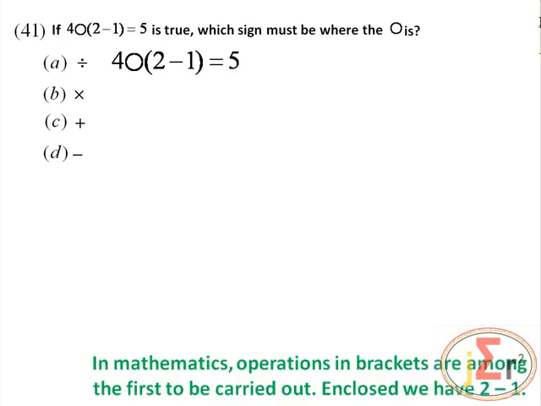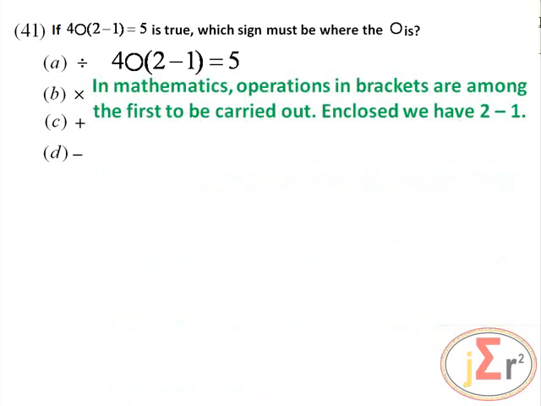Let's go. In mathematics, operations in brackets are among the first to be carried out. Enclosed, we have 2 minus 1.